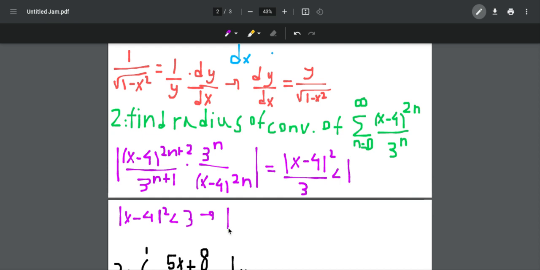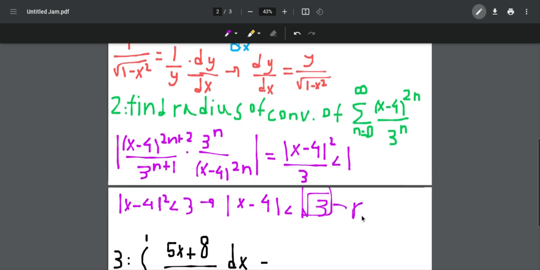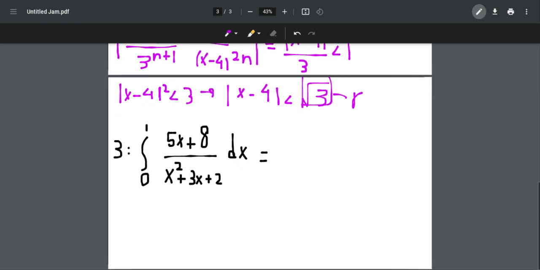Taking the square root of both sides, we get the absolute value of x minus 4 is less than square root of 3. So the radius of convergence is square root of 3. This is R, the radius of convergence. And we're done with this problem.